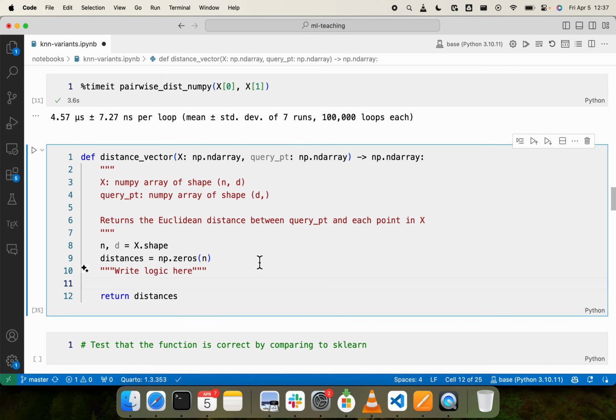Has anyone written the answers? The simplest is to write it with a for loop first. It's okay to write it with a for loop. And then if you want, you can make it more sophisticated with broadcasting, etc. But a for loop is okay for now.